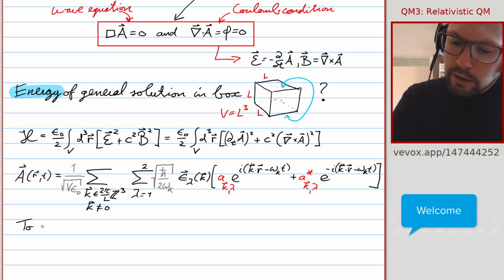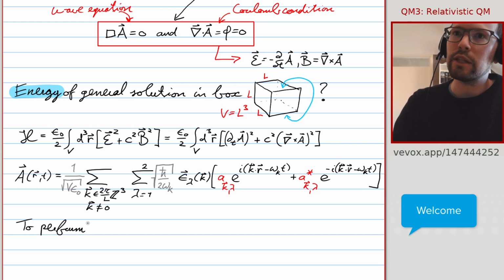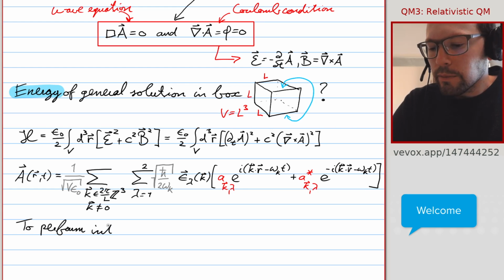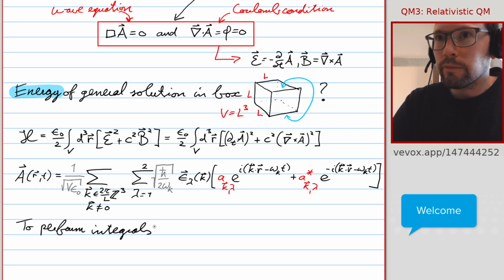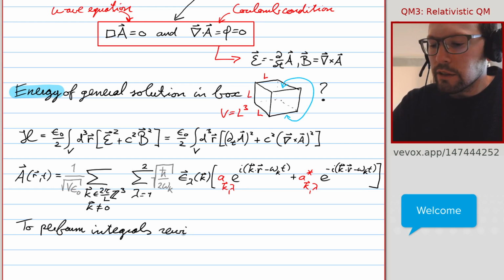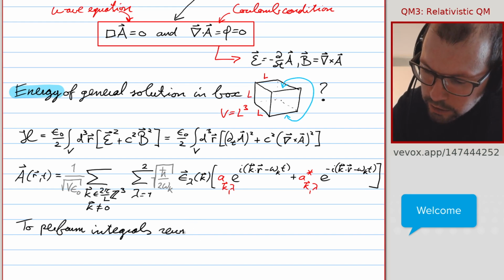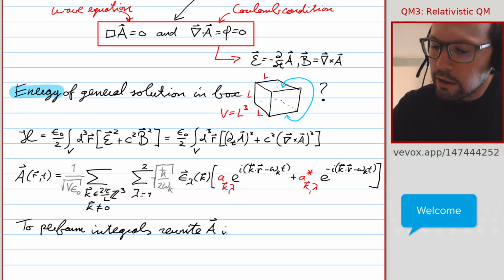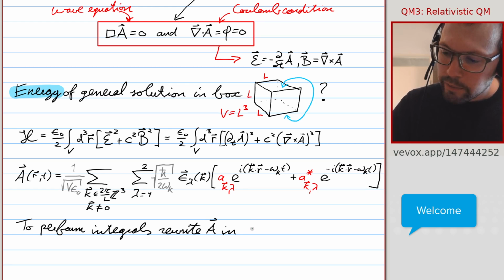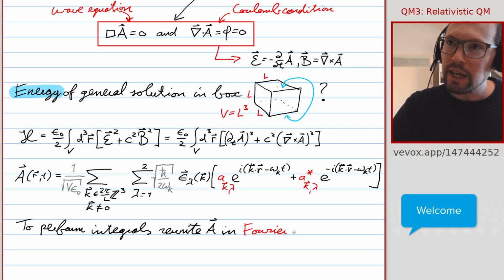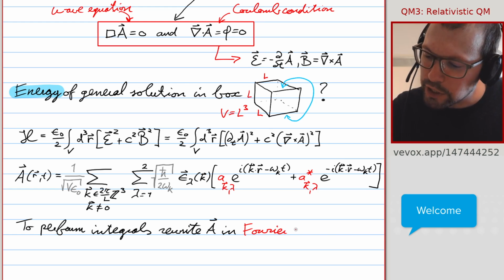So let me write essentially the result of this appendix. So to perform these integrals, we rewrite A in Fourier components that have these polarizations in them.